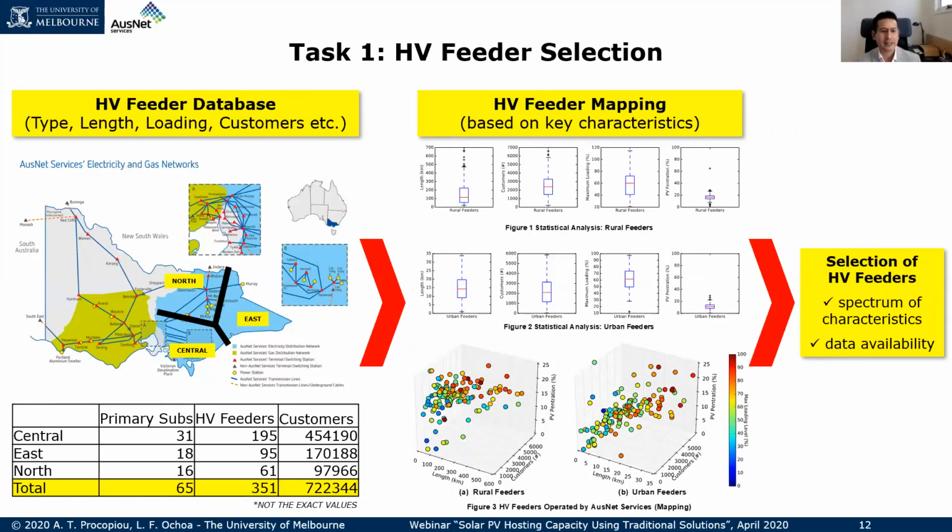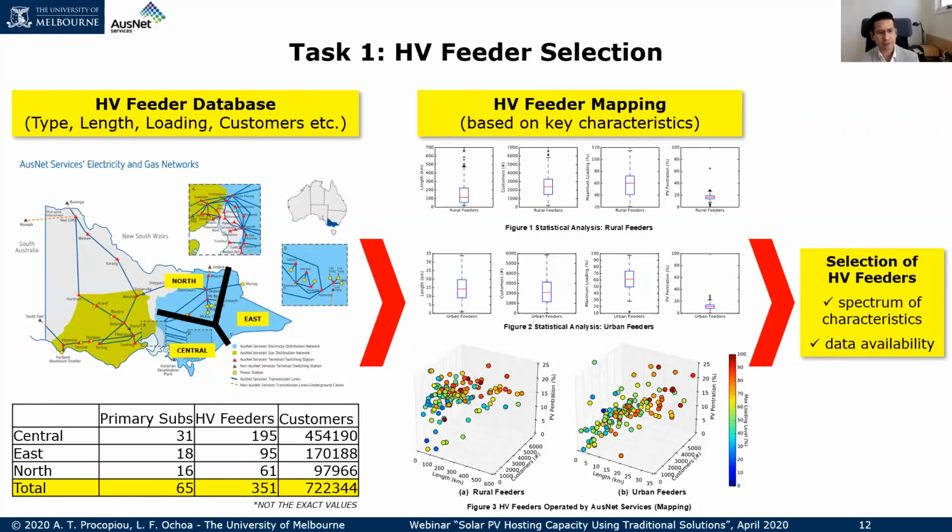For the particular case of AusNet, that is our project partner, we went through an assessment of the different characteristics of their high voltage feeders, and with their knowledge as well of data availability and the different characteristics of these feeders, we decided to go for feeders that were, let's say, at the extremes of the spectrum of characteristics.